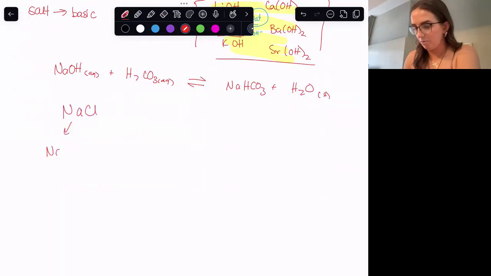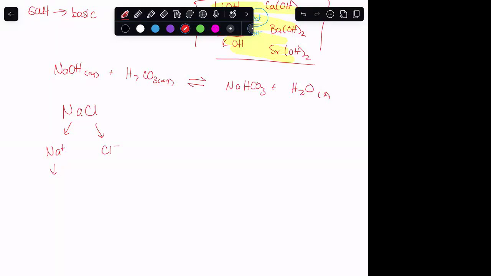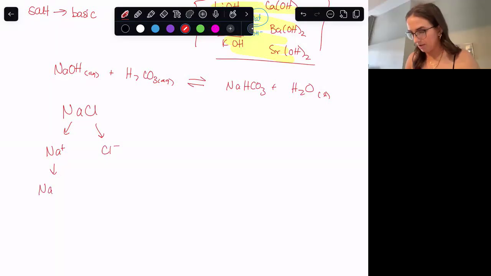That becomes Na plus, and this becomes Cl minus. What base does sodium come from? NaOH. Yep, perfect, comes from NaOH.